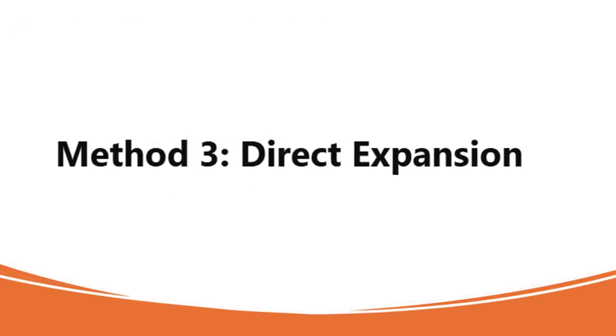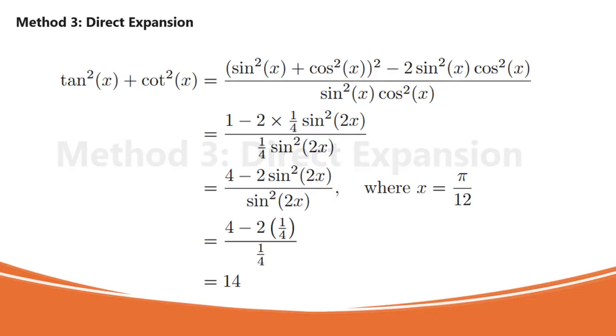Method 3. Direct expansion. Finally, we use the direct expansion approach. Tangent squared of x plus cotangent squared of x equals sine squared of x plus cosine squared of x, squared, minus 2 sine squared of x cosine squared of x, divided by sine squared of x cosine squared of x.